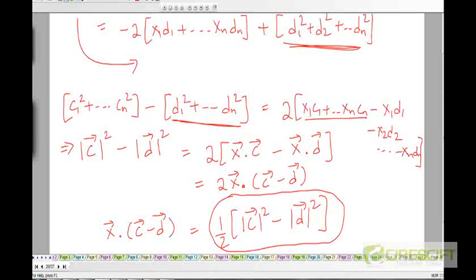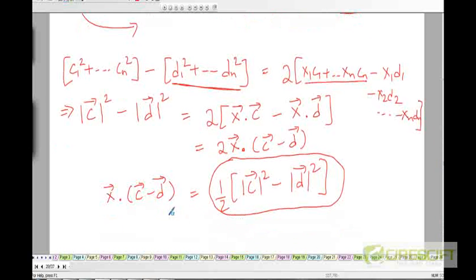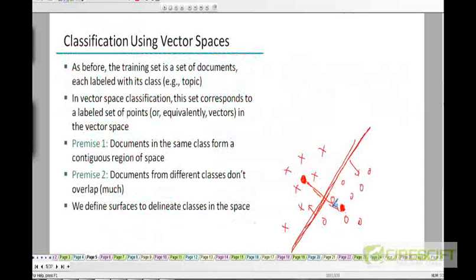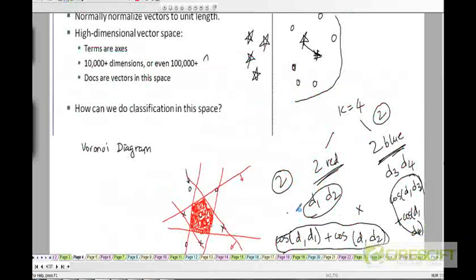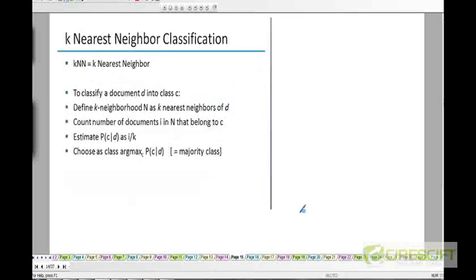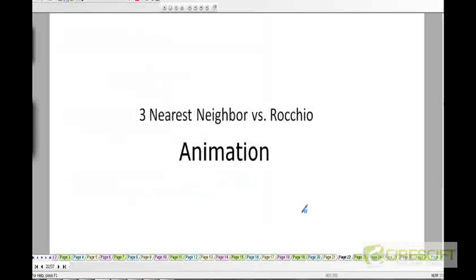But the point is that this can be represented in the general form x dotted with, let me call this vector w, is equal to b, where b is the value of this scalar quantity, whatever that is. So this is the equation of the decision boundary.